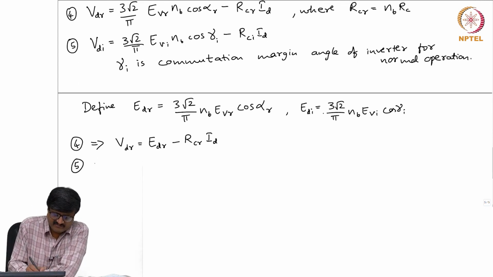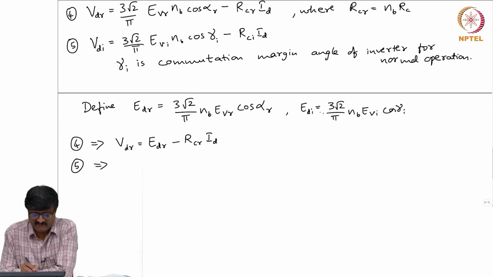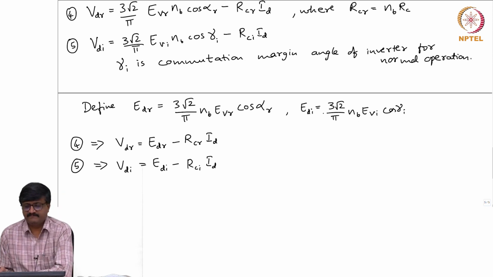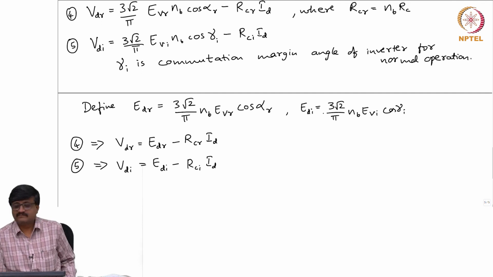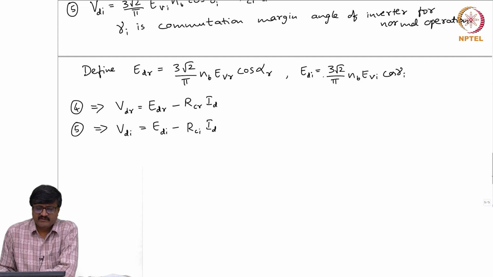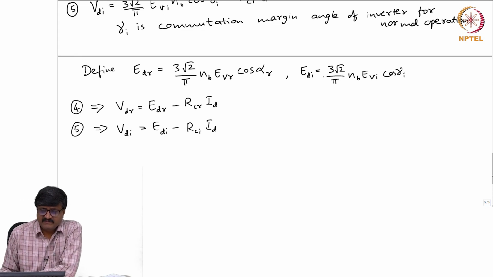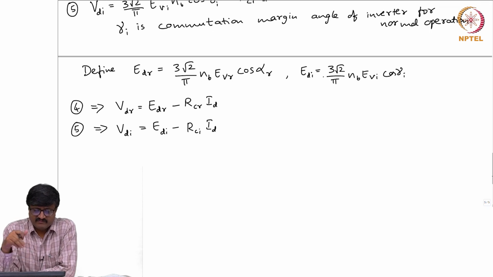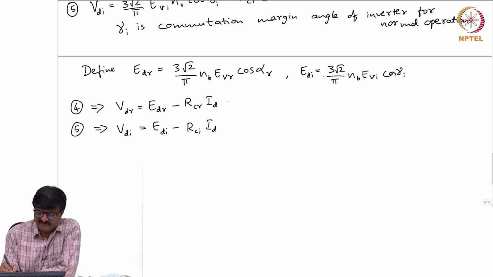Equation 5 becomes, with the new definition for EDI, VDI equal to EDI minus RCI ID. Now, it appears as if I can draw some equivalent circuit corresponding to these two equations. Let me call these equations 6 and 7.